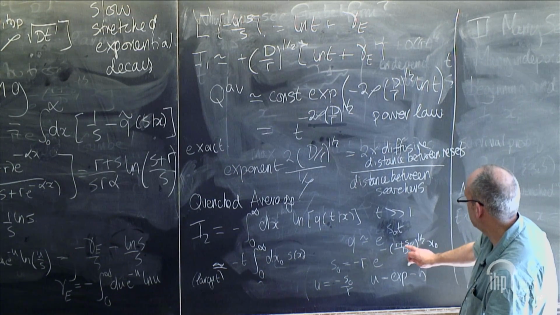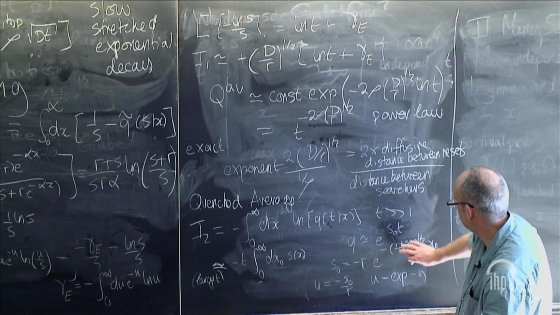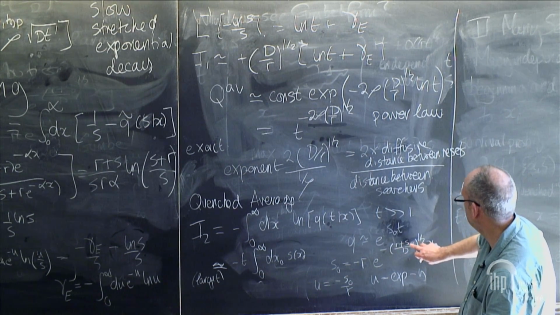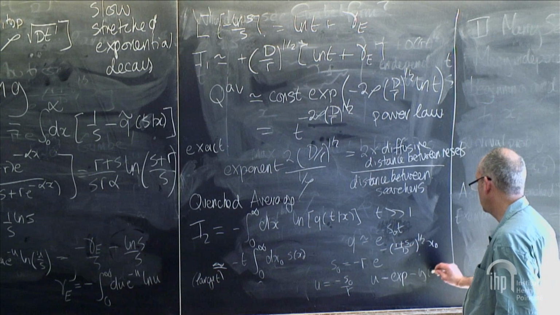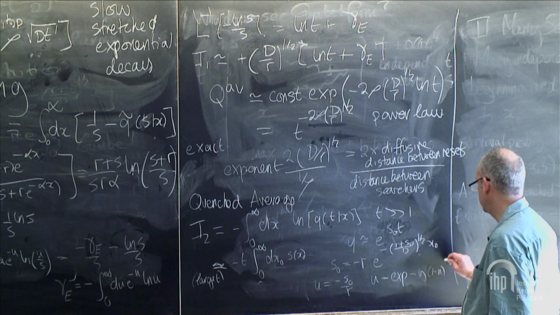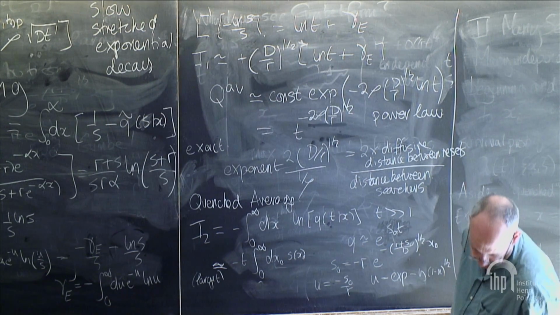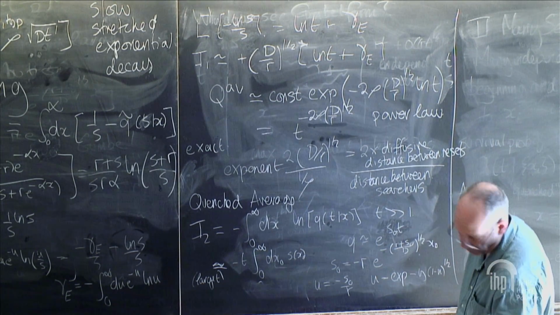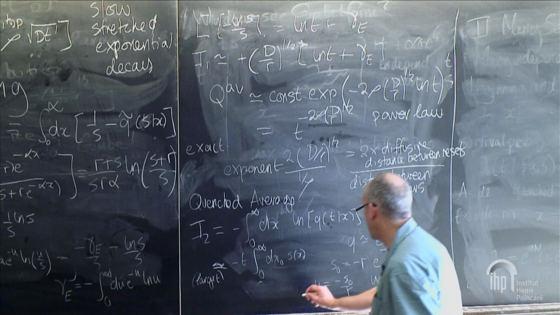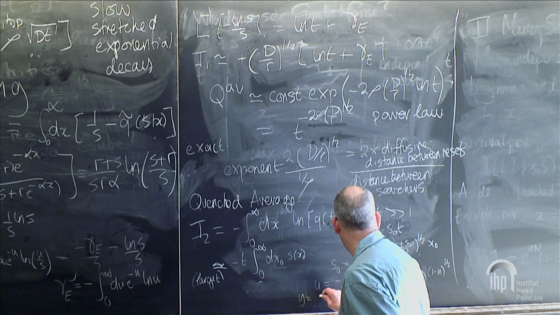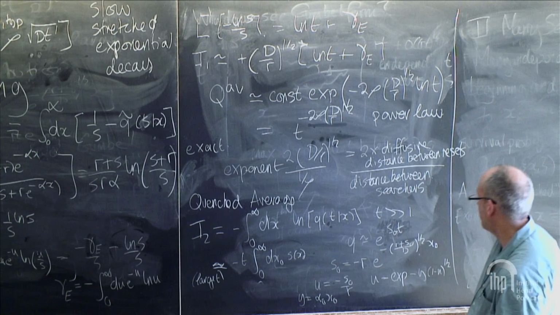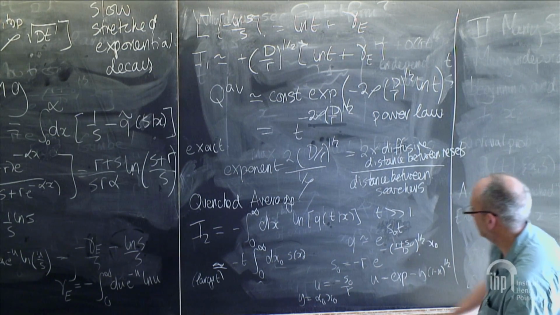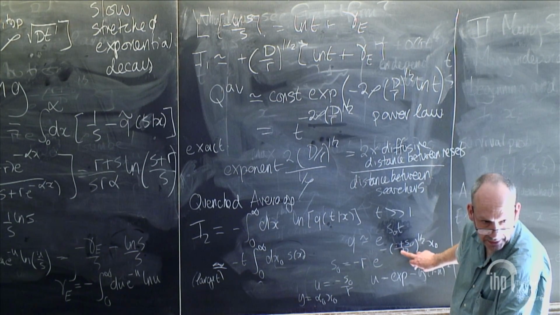And then if I pull out the (R over D) to the half, I'll have S naught over R. So I end up with 1 minus U to the half, where Y is alpha naught x naught, and alpha naught is (R over D) to the half.